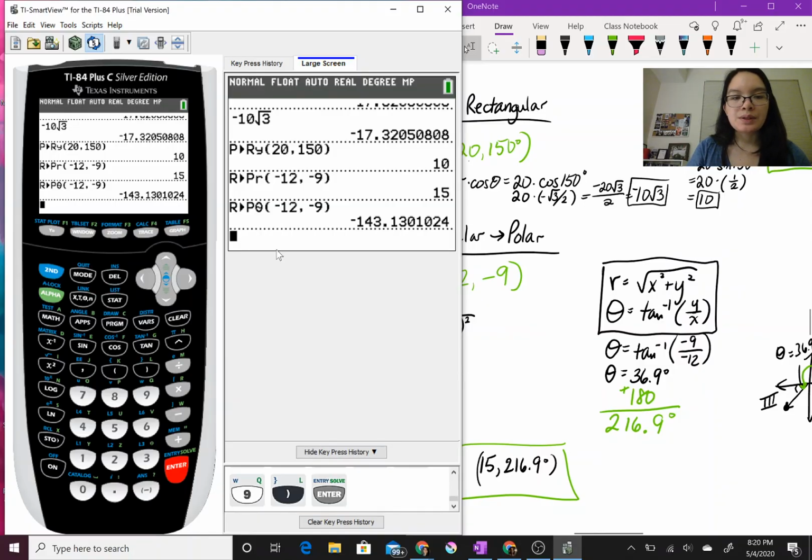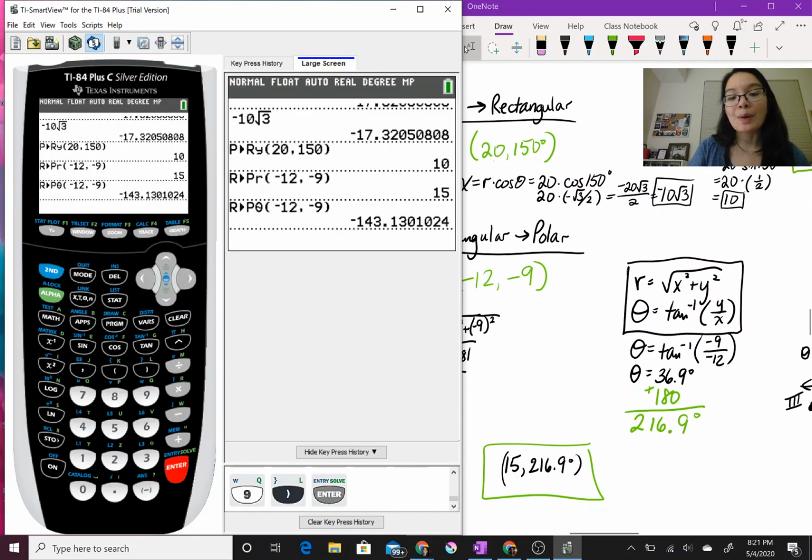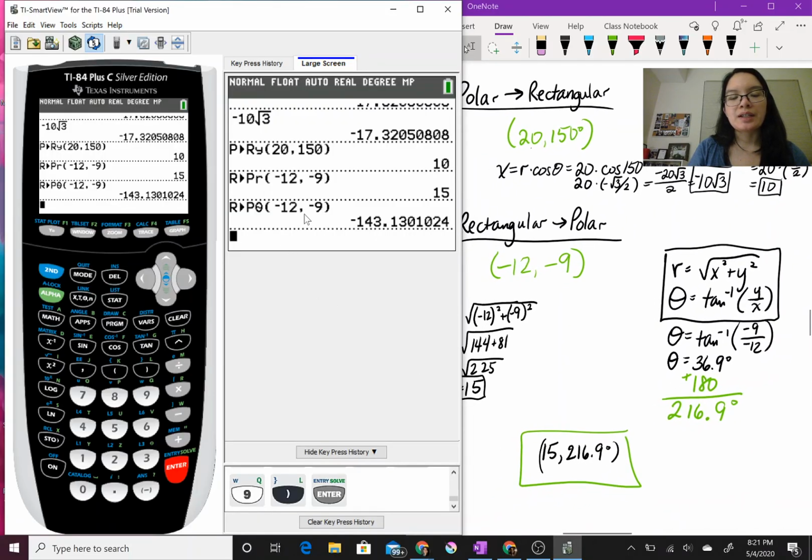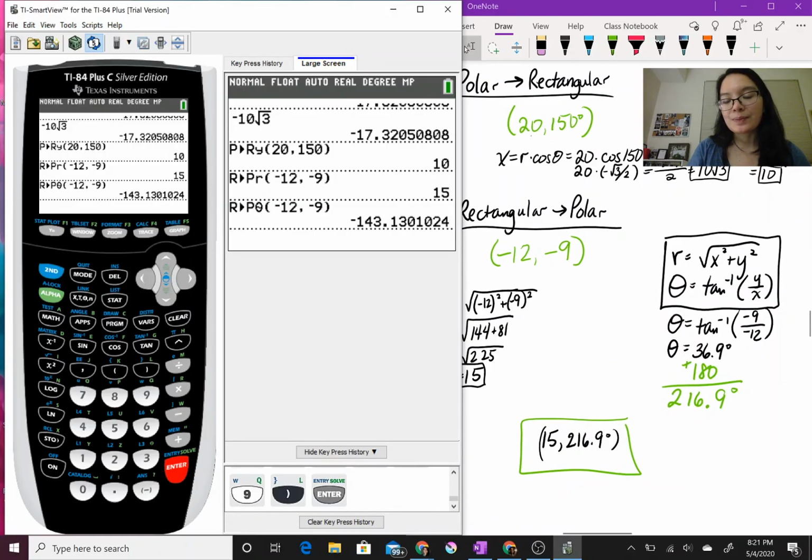I think what it's noting here, because negative 143 degrees is the same as positive 216.9. So it is taking into account the fact that we had a negative inside of here. So if you wanted to get the positive direction for that, then it would be 216.9 degrees.